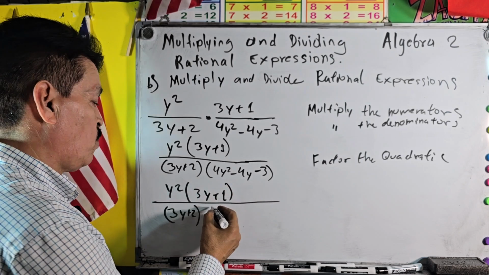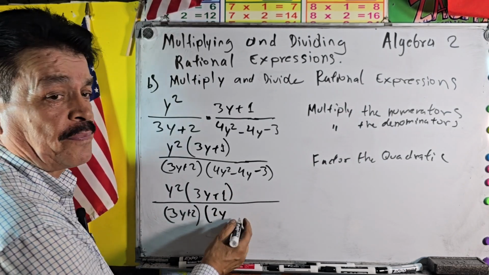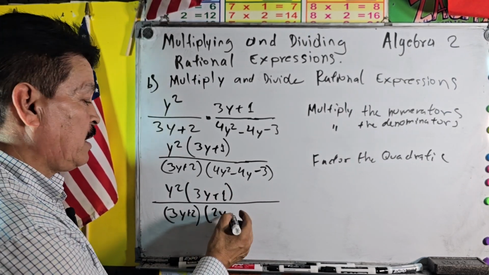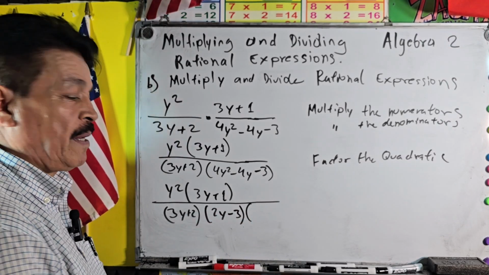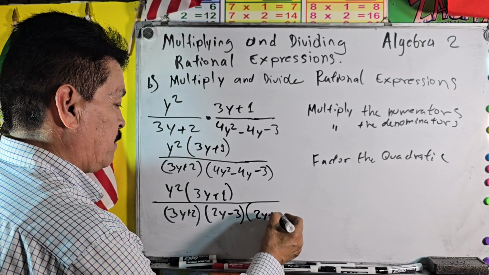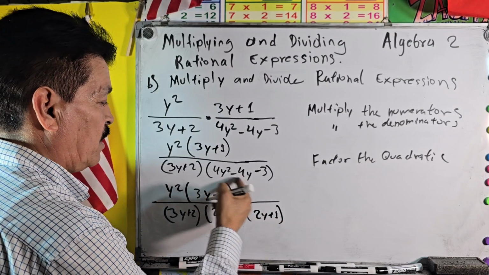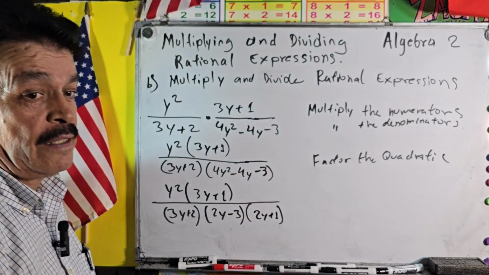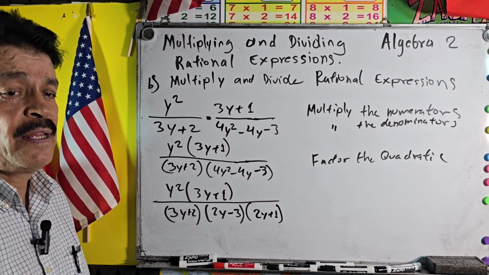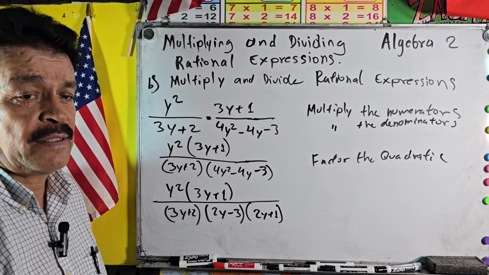You will have 2y minus 3 times 2y plus 1. That's the factorization of this trinomial.